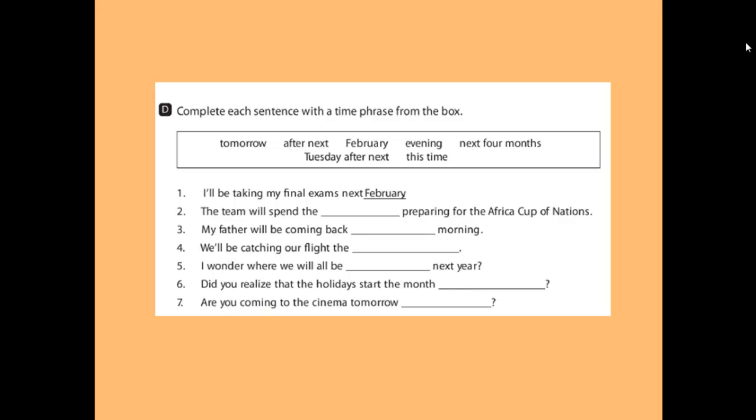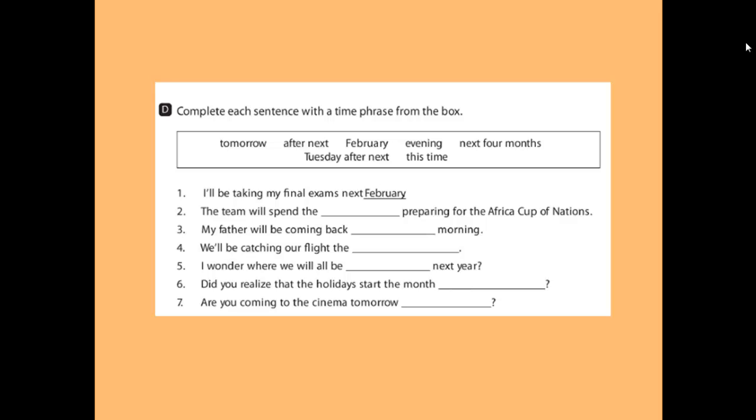Now let's do the last exercise in our course book, in our workbook, exercise number D, and by doing it we can conclude this lesson. Number D, complete the sentences.